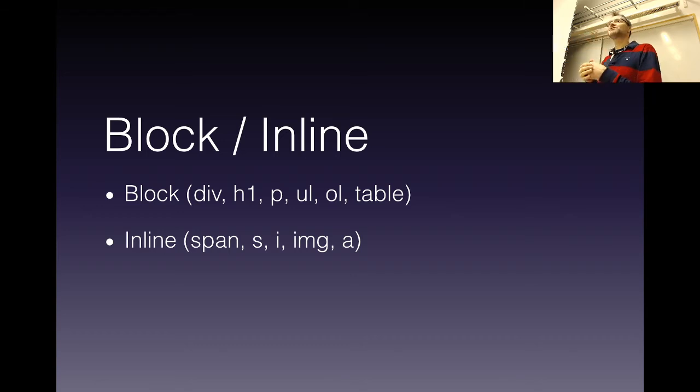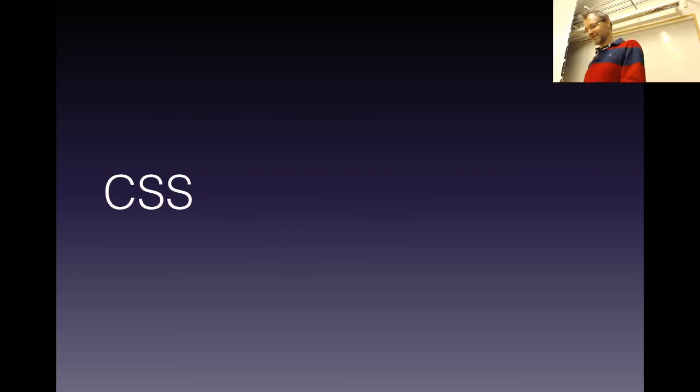When we come to inline elements that are supposed to be visible in a text flow, they don't behave that well when we add a margin to a bold text or padding to a bold text. So block elements are for these boxes. Inline elements are text. And that is useful to know when we move on to CSS and how to style these elements, to see how they look.